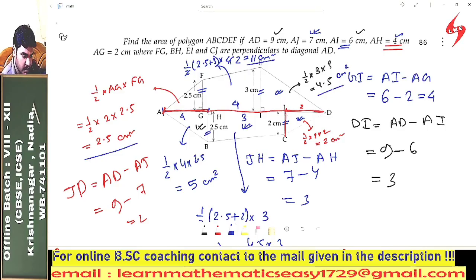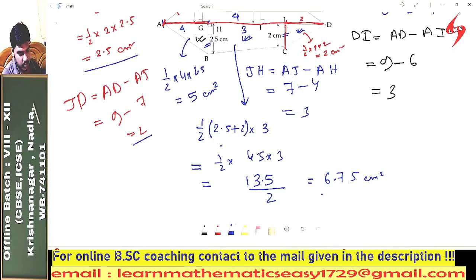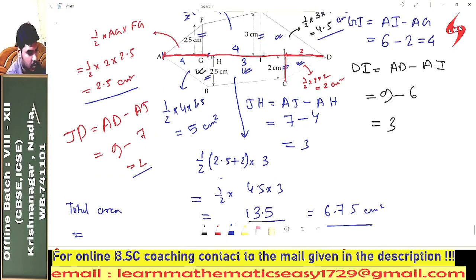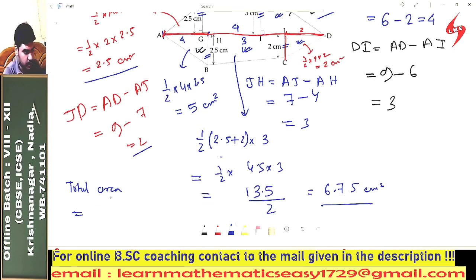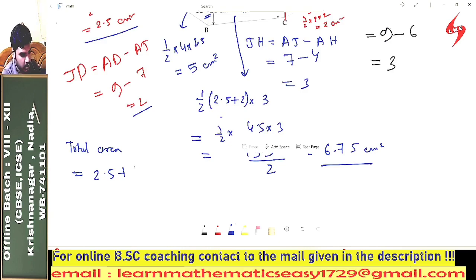Here you can see this. This is also. So total area: 2.5 plus area of this, that is 11.